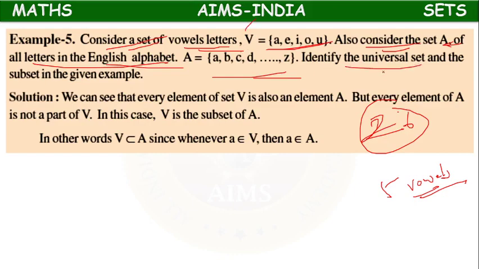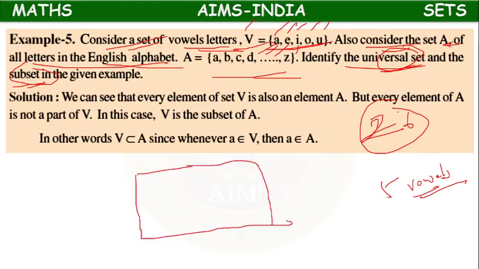Now identify the universal set and subset. Suppose we have the English alphabet set A, 26 letters, and in that we have V, where A, E, I, O, U are present.